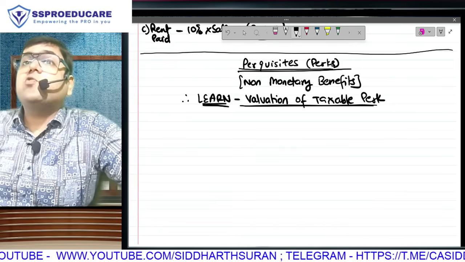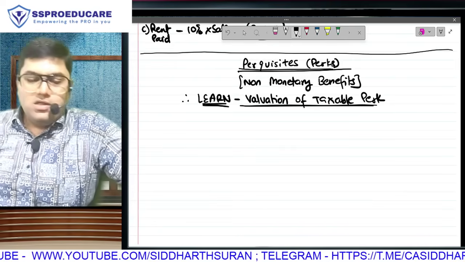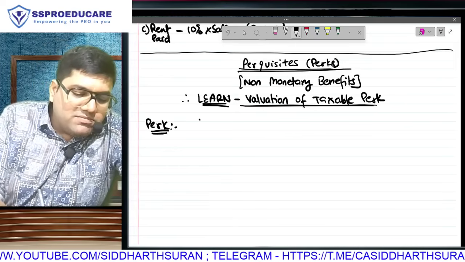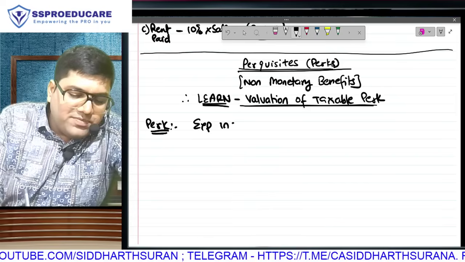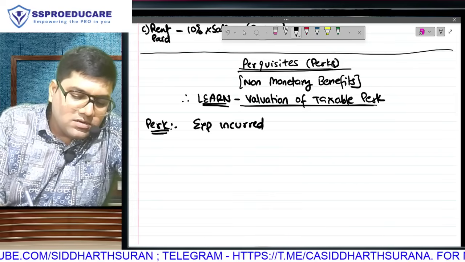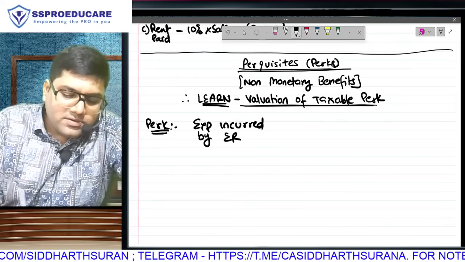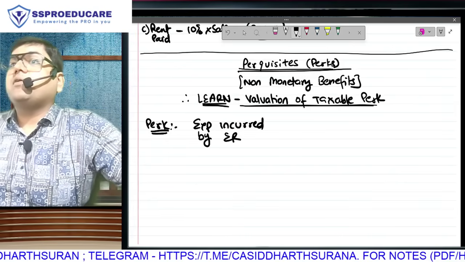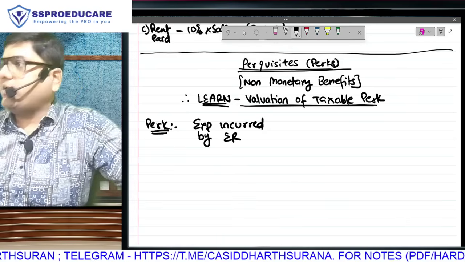First of all, you need to understand what is a perquisite. Under a perquisite, there will be some expenditure incurred by your employer. There will be some outflow of money from your employer's pocket, but the money will not come in your hand.